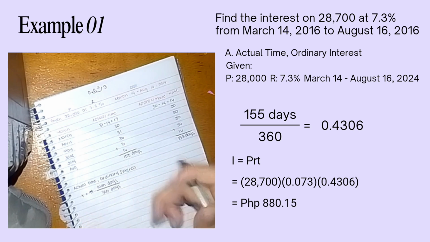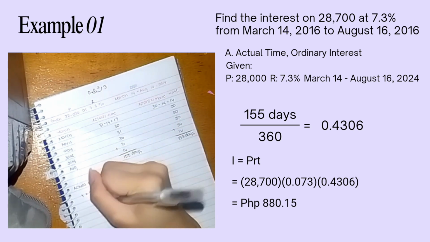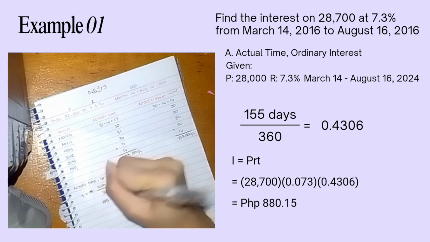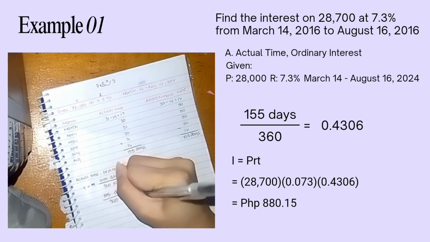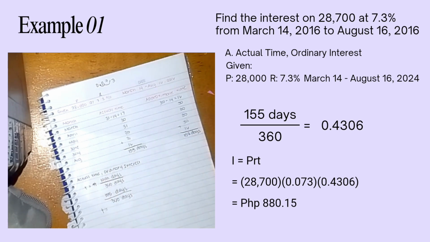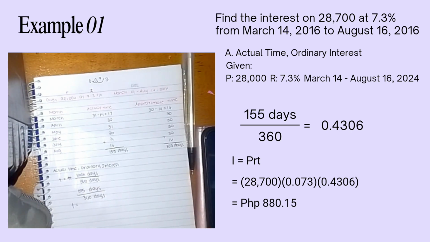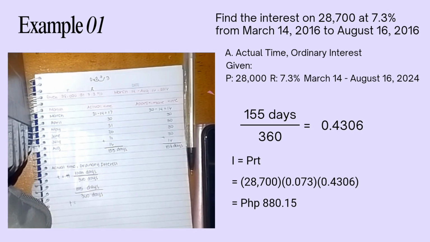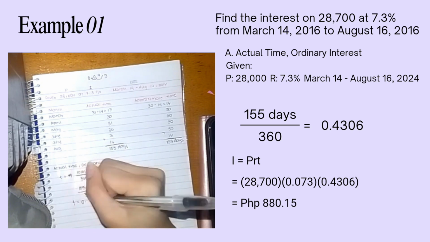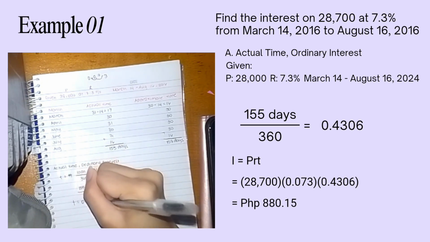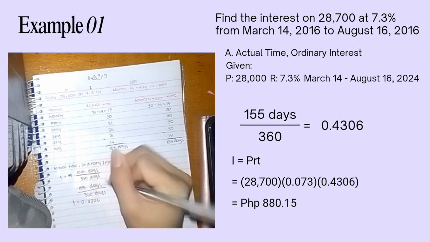Our actual time is 155 days. 155 days divided by 360 days, so that is equal to 155 divided by 360, which is 0.4306.